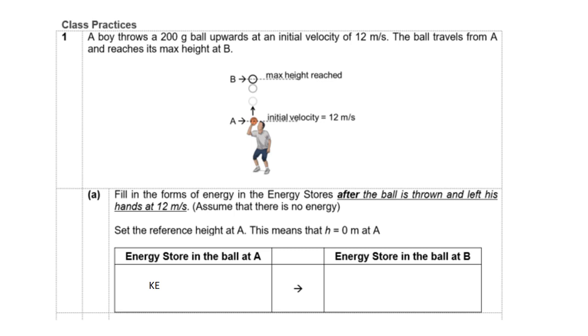And you also recall that once the ball reaches the maximum height, there is no more speed or velocity, and hence no more KE. But since there is a certain height, we can therefore say the energy stored at B is the gravitational potential energy.